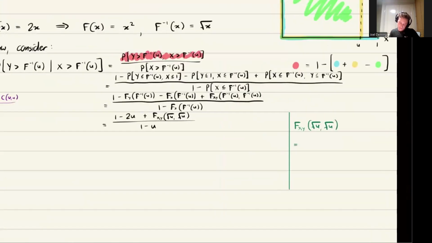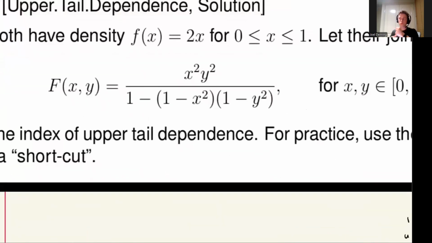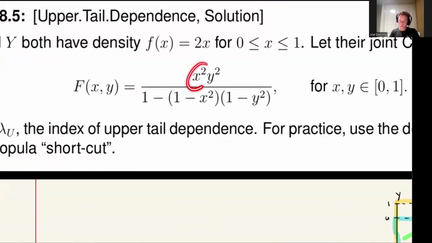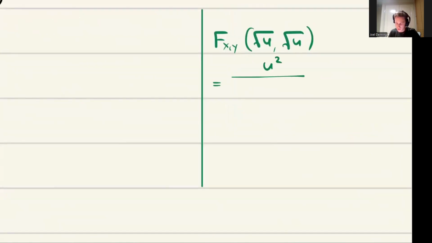All right, so since we're subbing in root u for both x and y, right, root u squared, that's just going to come u squared on top. Then 1 minus u on the bottom, so 1 minus u squared. So overall, it's going to be equal to u squared over 1 minus u squared.